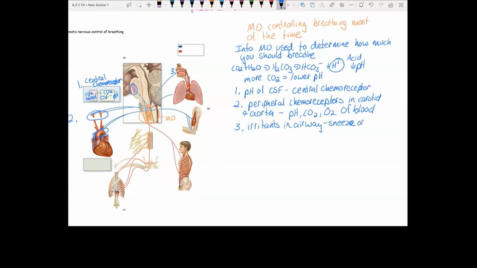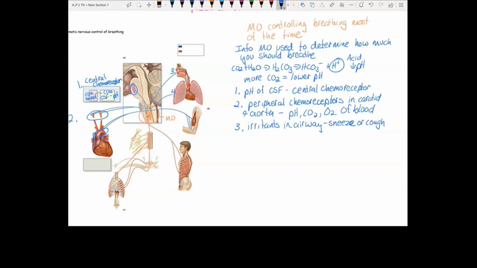If you remember back to chapter 13, learning about the brain, the medulla oblongata is in charge of coughing, sneezing, and gagging. So if you have an irritant and you're going to sneeze or cough, you have to first take a deep breath. Pay attention the next time you sneeze. Right before you sneeze, you take a deep breath. So you have to take a deep breath to sneeze or cough and clear your airway.